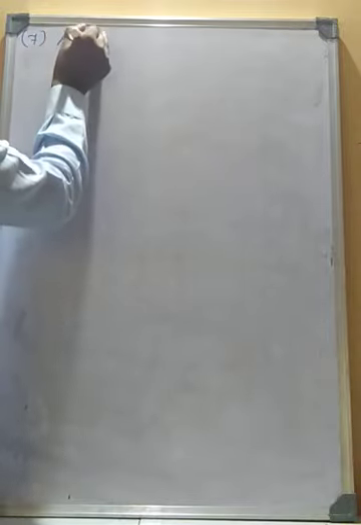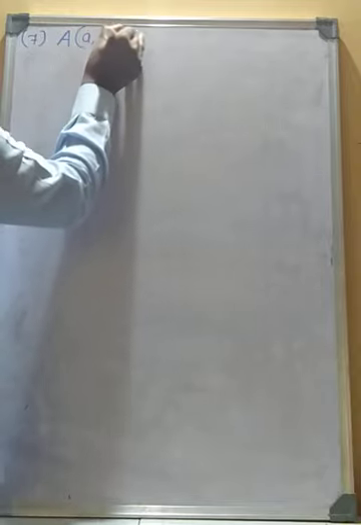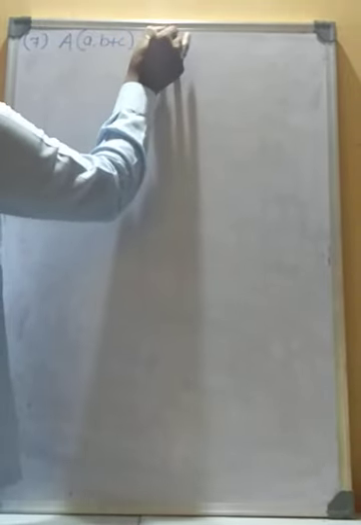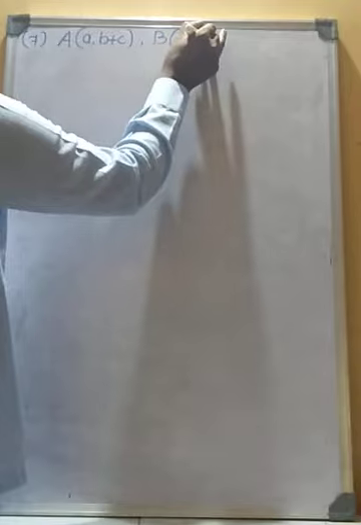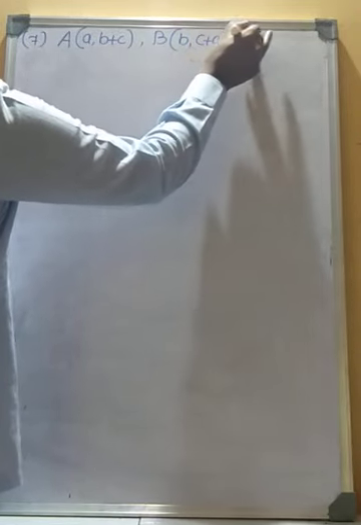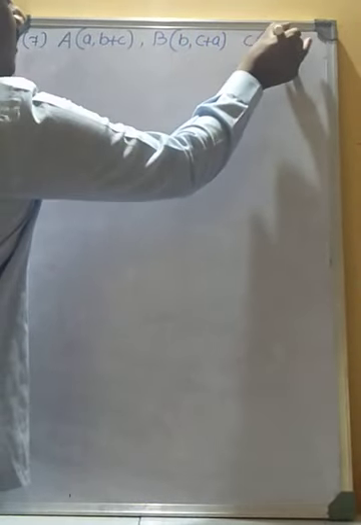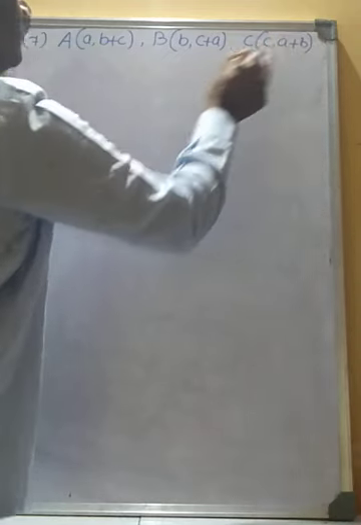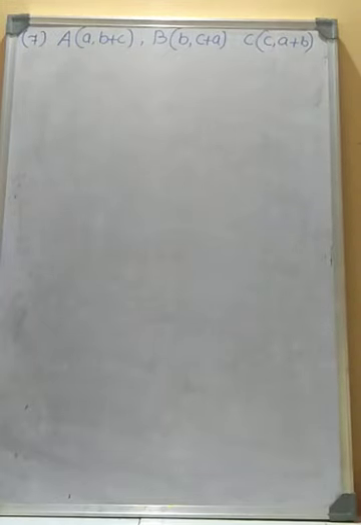The points, meaning vertices, are A comma B plus C, B comma C plus A, and C comma A plus B. So these three points are collinear. Collinear means the area becomes 0, the area of the triangle is 0. So prove that delta is equal to 0.